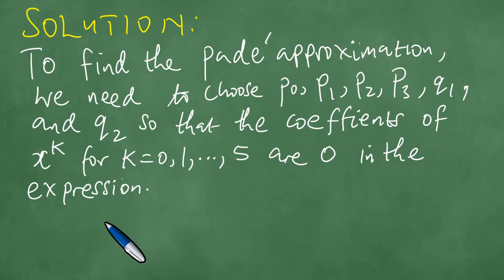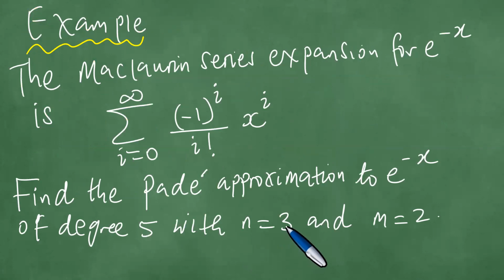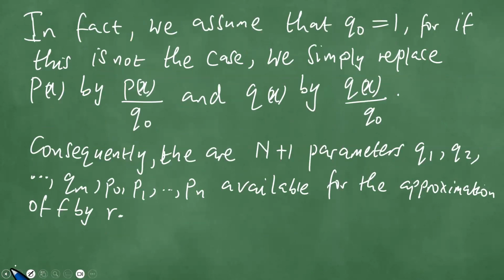Like we saw before, because the numerator is of degree 3, we take P0 to Pn, n being the degree of the numerator, and the Q's we take from Q1 up to Qm, because m is the degree of the denominator. So we continue to solve this problem in detail.